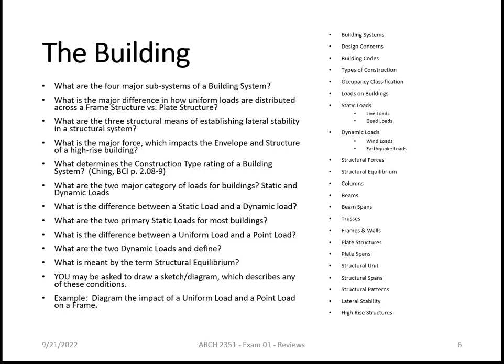What are the three structural means of establishing lateral stability? Lateral stability: wind blowing on the building. What are the three ways structurally that we neutralize that? Rigid frames, a braced frame, in other words, we brace it.